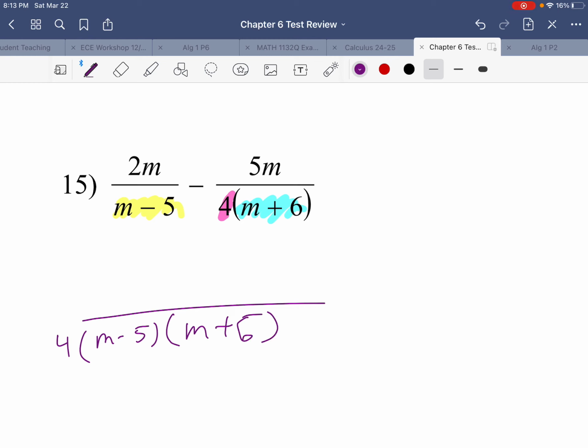So to the 2m over m minus 5, I'm going to multiply that by 4 times m plus 6. This is like 4 times 2m squared plus 12m.